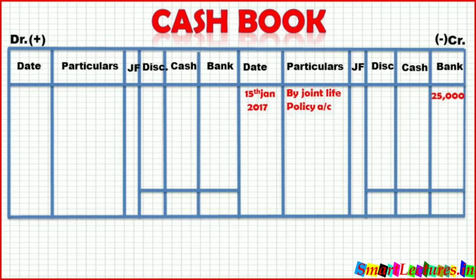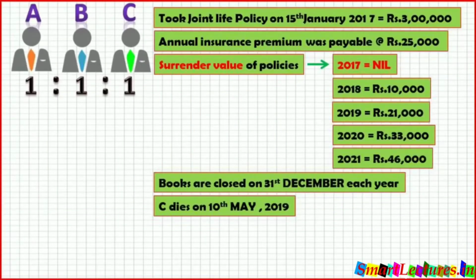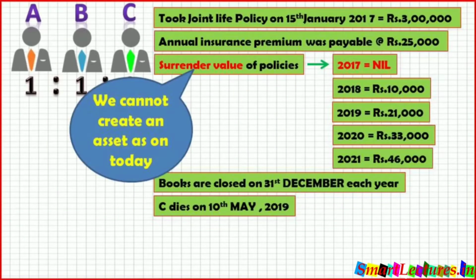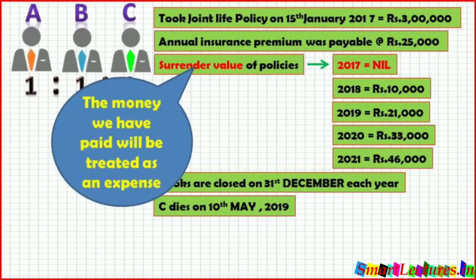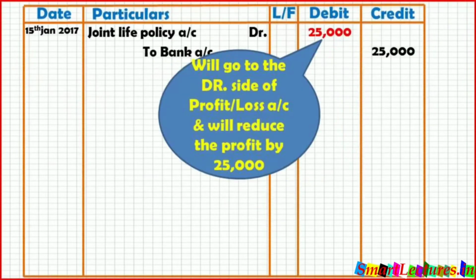25,000 rupees, and on 31st December 2017, the surrender value is 0. It means we cannot create any asset as on today. It means the money we have paid, the whole of the money will be treated as an expense. It means this 25,000 rupees will go to the debit side of the profit and loss account. It will reduce the profit by 25,000 rupees.